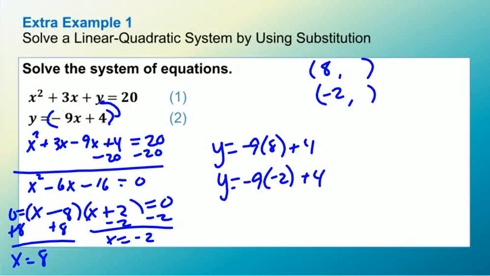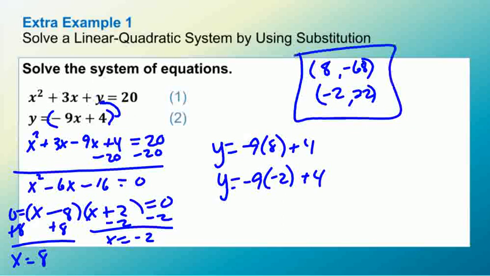Negative 72 plus 4 gives us negative 68. And 18 plus 4 gives us 22. So our two solutions would be (8, negative 68) and (negative 2, 22).